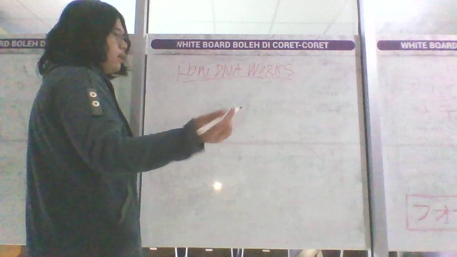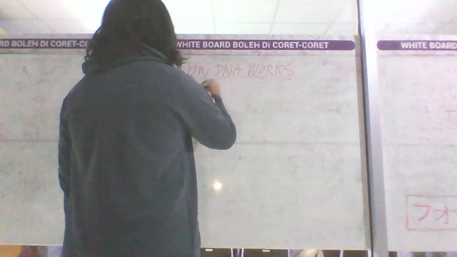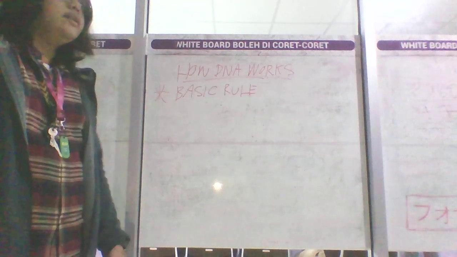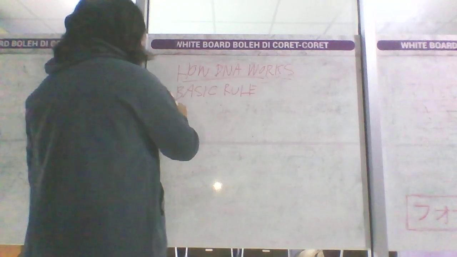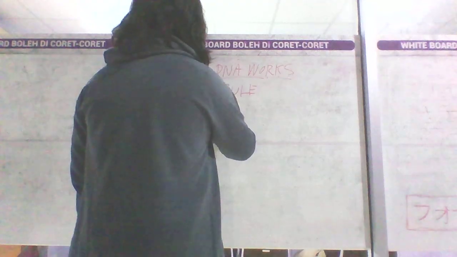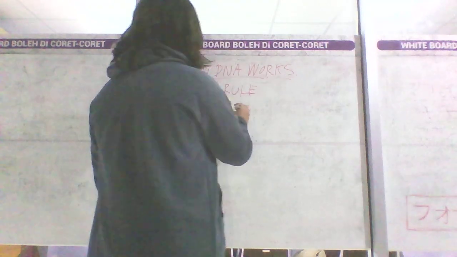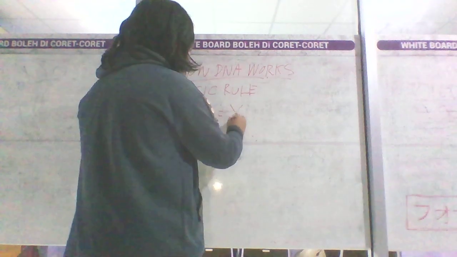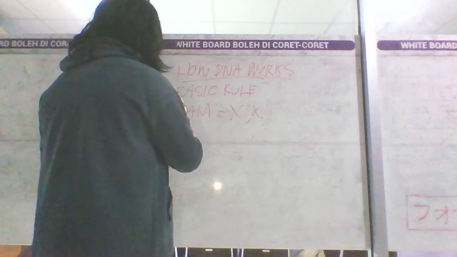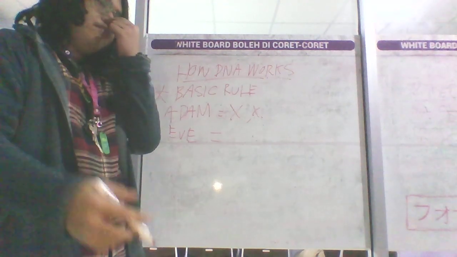First, look at this. The basic number one is the basic rule. The basic rule of how our DNA works is we start from Adam's parental. Adam has two parental, which are the same, X and X, but Hawa or Eve has parental not the same as Adam.